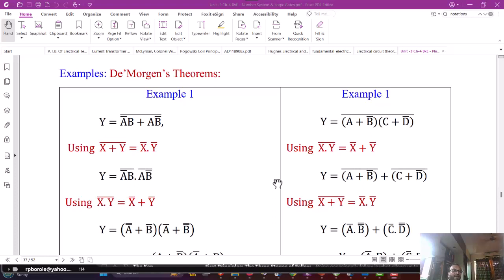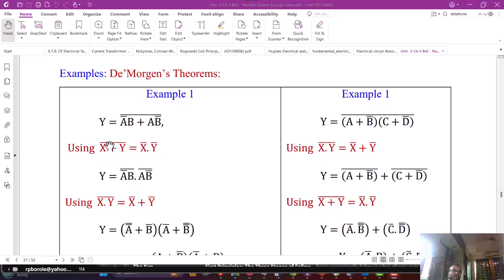Let us say the expression is Y is equal to A bar B or A B bar, complement. So using the first theorem, the complement of OR operation is equal to the product of complements.